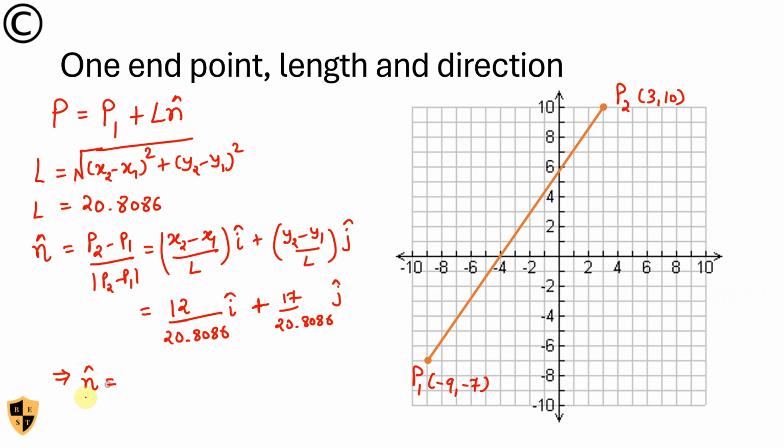So the unit vector is coming around 0.5766 i cap plus 0.8169 j cap.